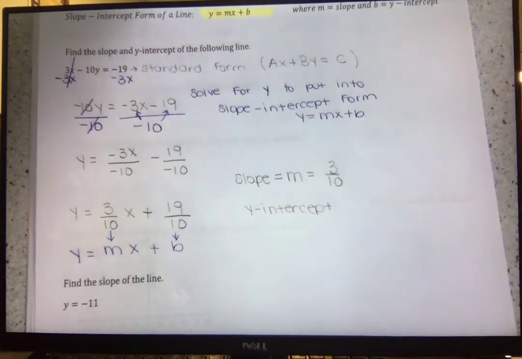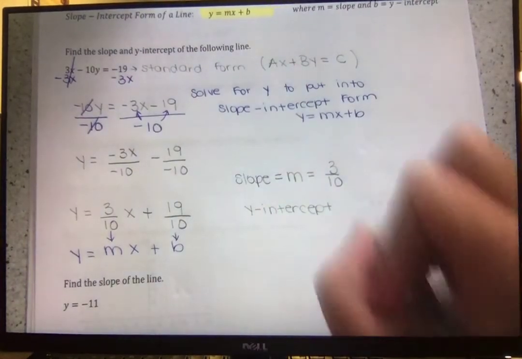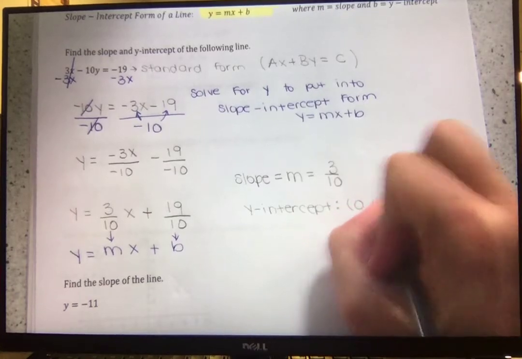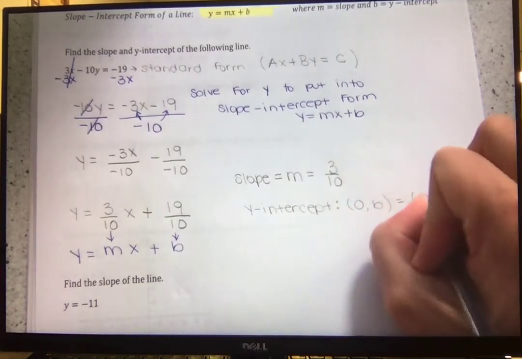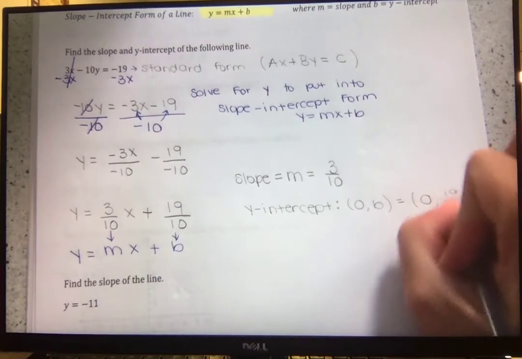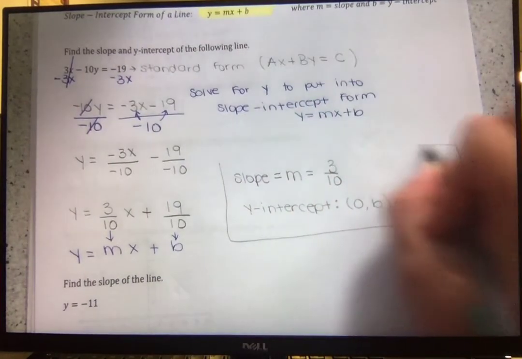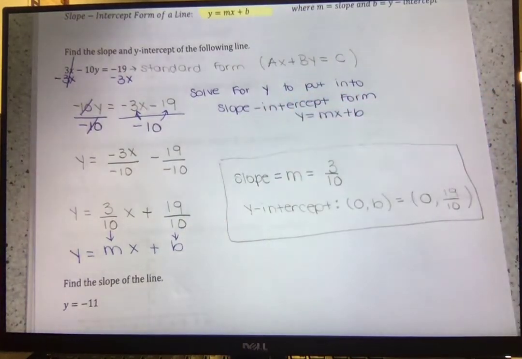Our y-intercept, we said, is the point 0, comma b, which in this case will be 0, comma 19 over 10. Notice my y-intercept is the point that crosses the y-axis, so I need to label it as a point, as an ordered pair, 0, comma 19 over 10.